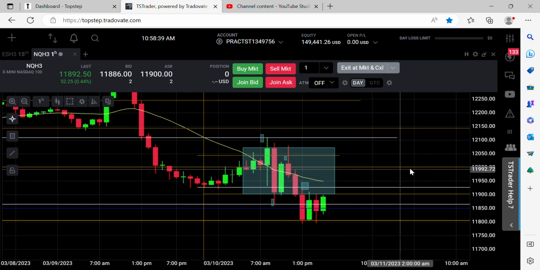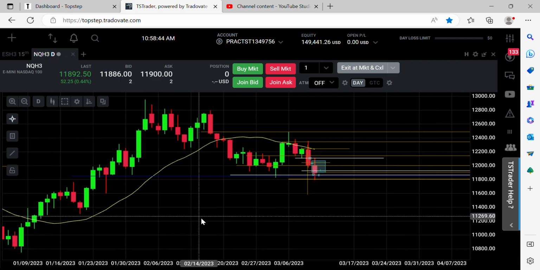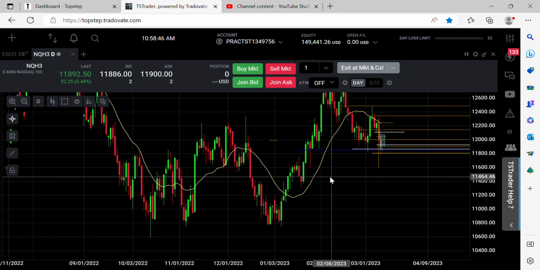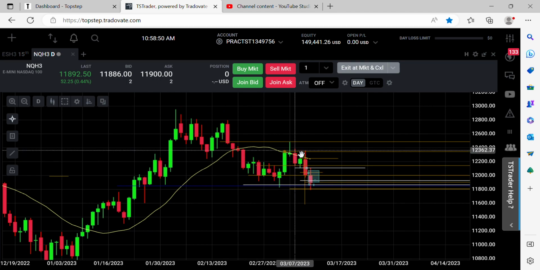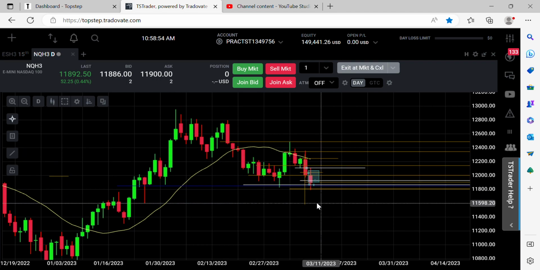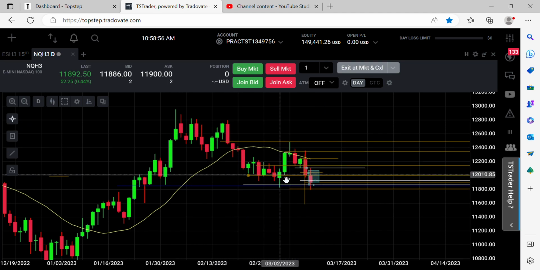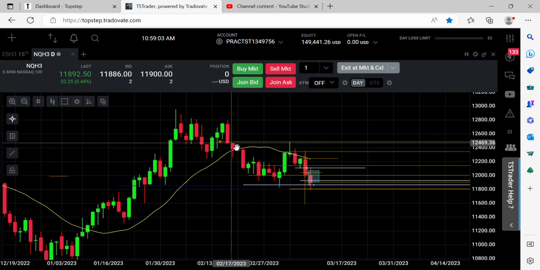So anyway, I'd say the best time frames for this were simply playing, yeah. If you saw the daily, you would see a move all the way down here. A retrace to this line.